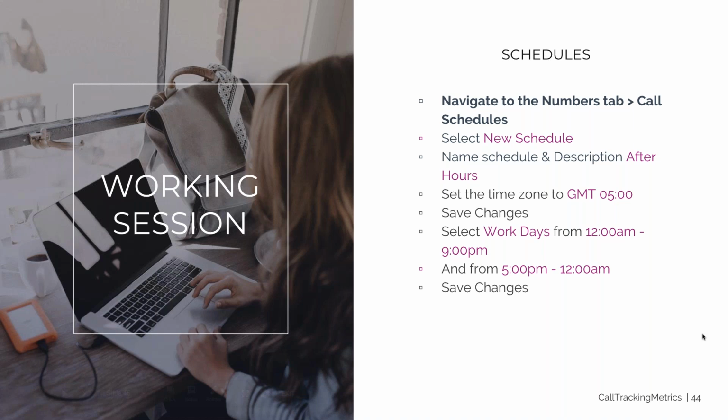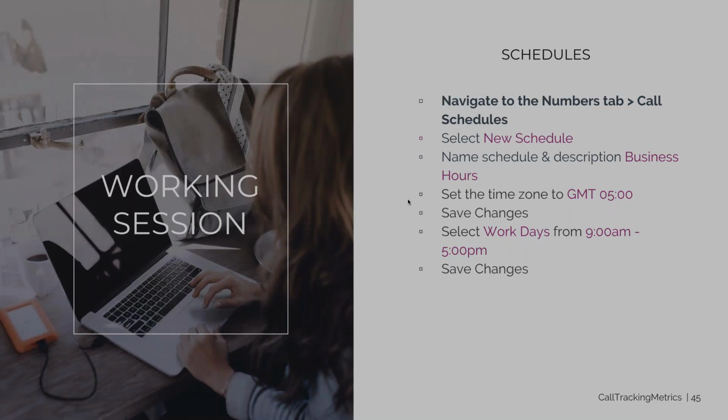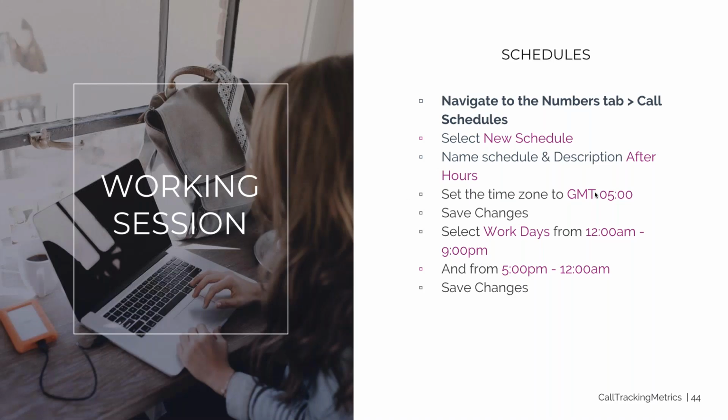All right. So what we're going to do is we're going to create a new schedule. We're going to name the schedule after hours. We're going to set the time zone to whatever makes the most sense for where you are. I'll probably do Eastern Standard Time.